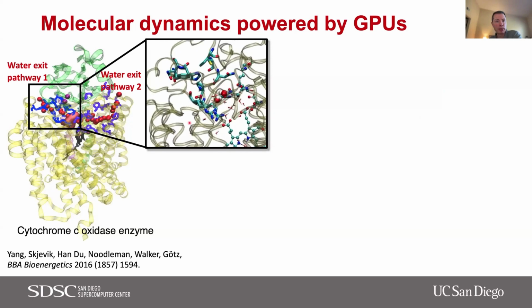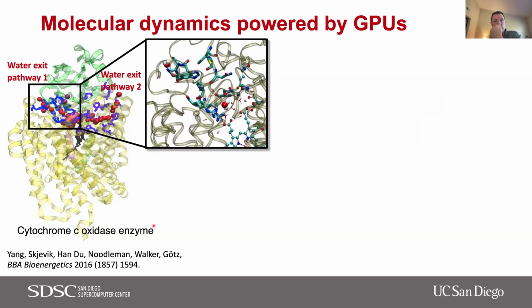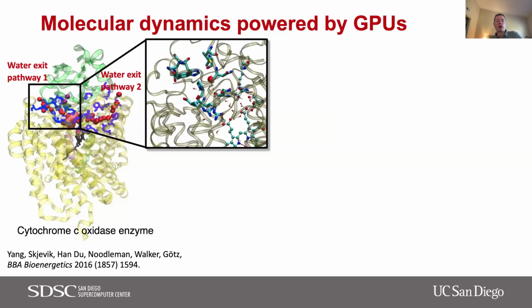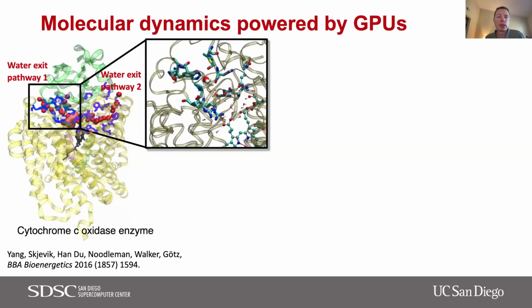For instance, that's from a project where I studied in the past cytochrome C oxidase, and how water molecules that are produced in the reaction center here move out. So this is an enzyme that everybody has in their cells. And so this is the last electron acceptor, where oxygen comes in and gets reduced to water. So the oxygen that you're breathing, and the water has to go out somewhere. And so we studied this here.